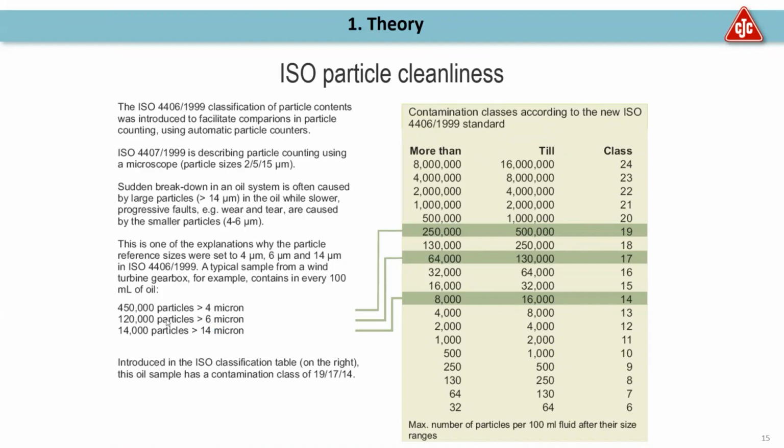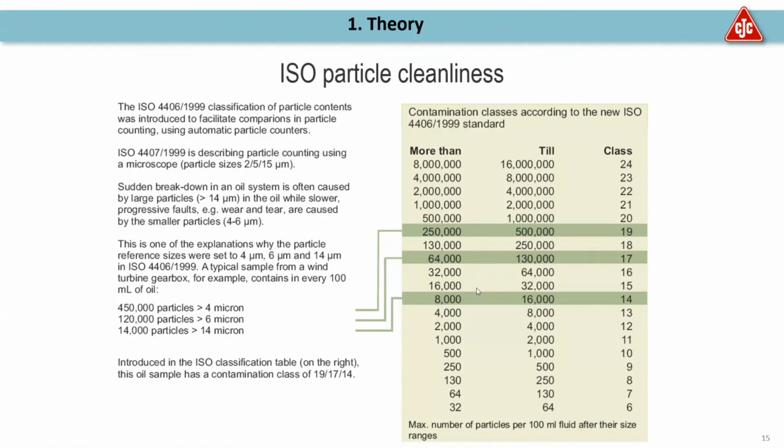And instead of reporting the number of particles found, they are classifying those. So let's say they have found 14,000 particles at 14 micron. That is in the range of 8 to 16, and they assign a class of 14. 120,000 particles larger than 6 micron would be a 17, and 450,000 particles would be a class 19.